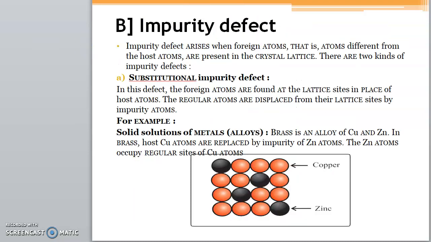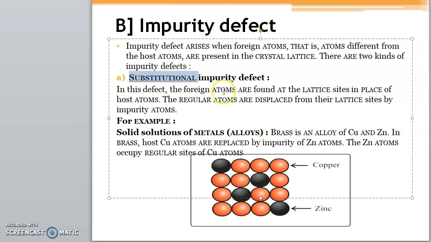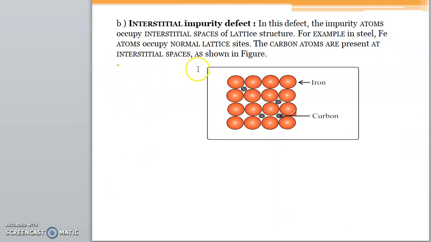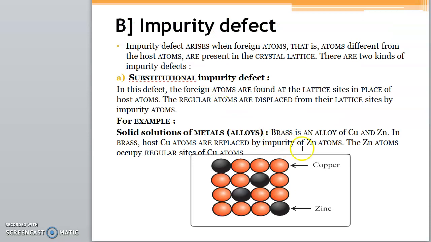So the first one was substitutional impurity defect in impurity point defect, and second is interstitial impurity defect. Now what is the difference between the two? In this case, what happened was there's an external substance that occupied or replaced or substituted the host atom. Correct? Zinc replaced copper.